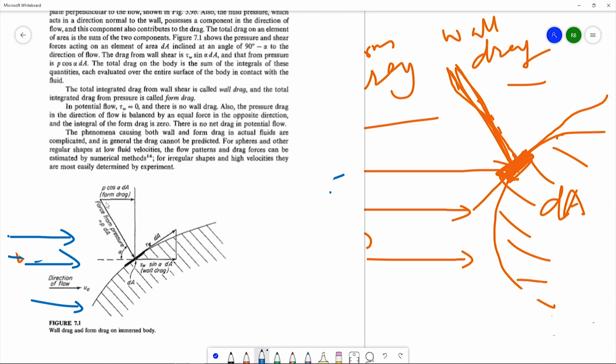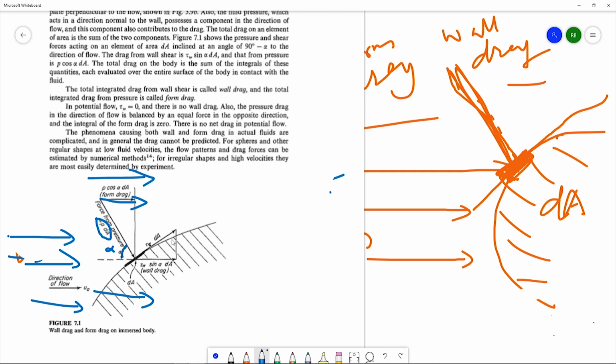You have to calculate the component of this pressure in the direction of the fluid flow. If you take this angle alpha, then the component of the pressure in this direction will be, already this is PdA, so PdA cos alpha. This is form drag only because of the pressure. So PdA cos alpha is the form drag in this direction.